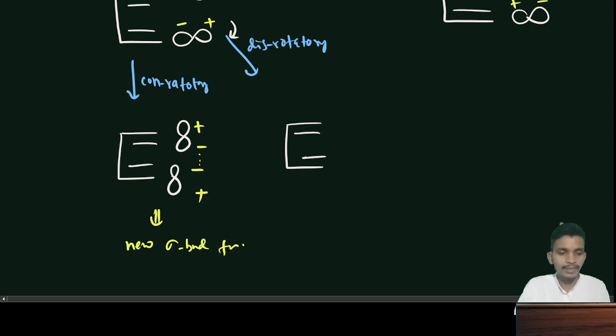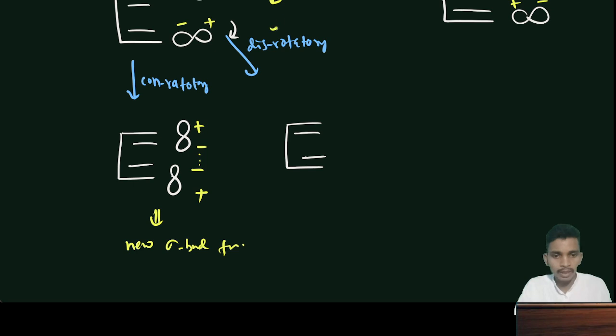But for disrotatory, if I am rotating one like this, then the other I have to rotate like this. So one I am rotating like this, it means that one is positive, negative. The other I have to rotate like this, meaning positive will come here and negative.